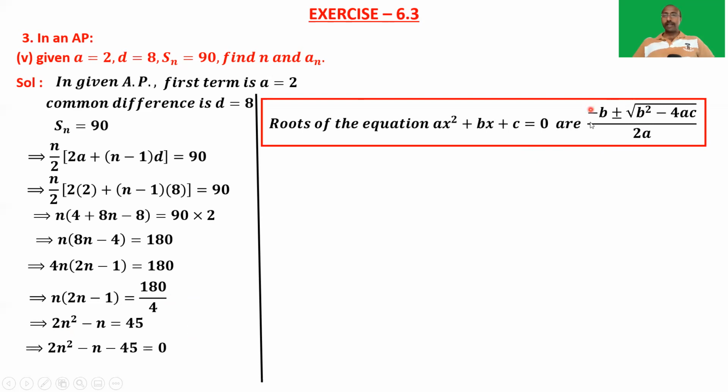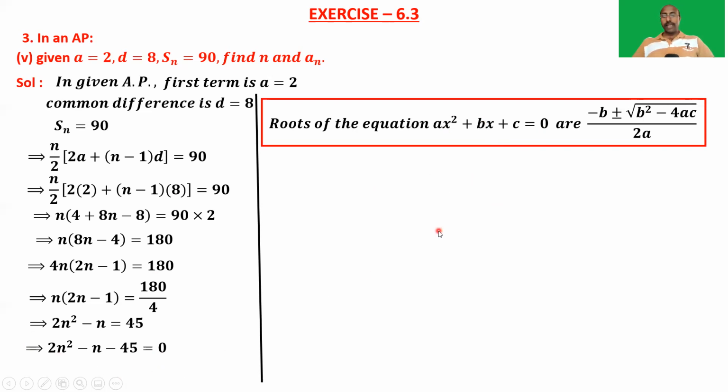This is the quadratic formula to find the value of x in the equation ax square plus bx plus c equal to 0. By comparing our equation 2n square minus n minus 45 equal to 0 with ax square plus bx plus c equal to 0, a is equal to 2, b is equal to minus 1, c is equal to minus 45.